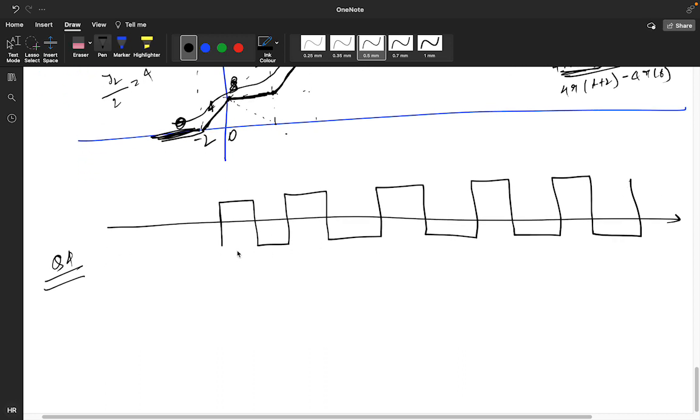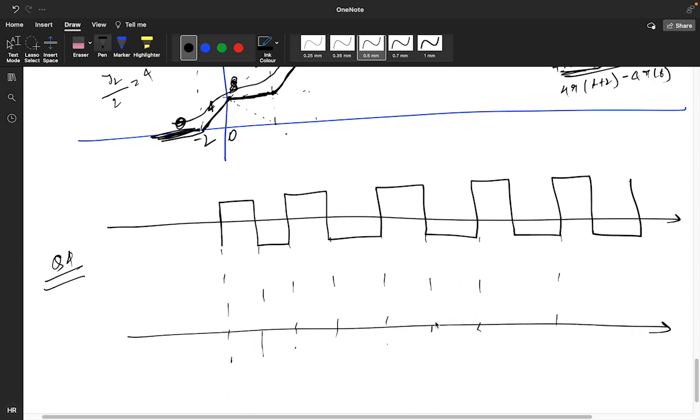If you integrate this function, I can directly write, nothing is given, they just gave you the graph like this.